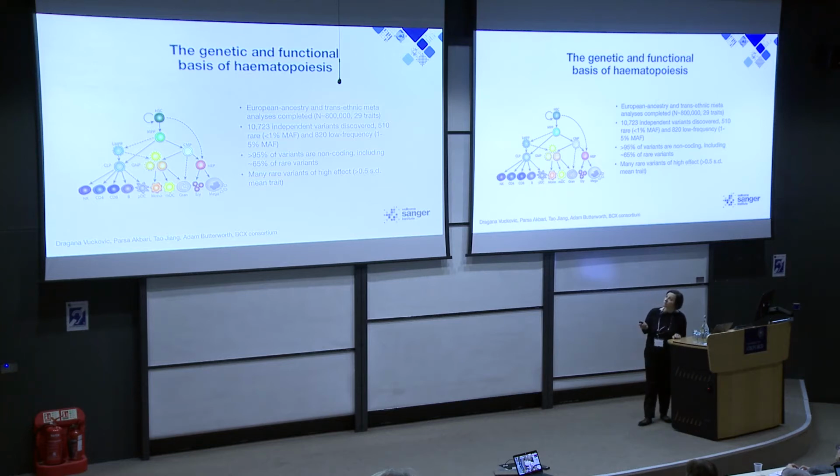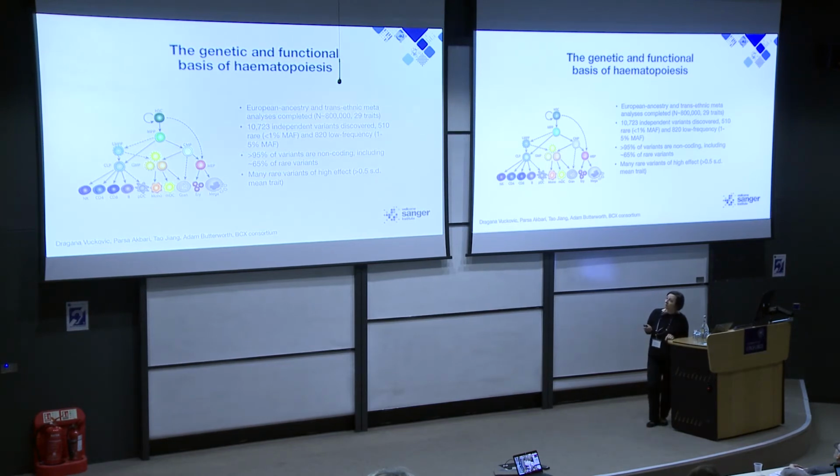There are over 10,000 independently associated variants that we discovered in this data set, including 500 rare variants below 1%, and indeed many below 1 in 10,000 in the population, and 820 that we call low-frequency variants. We begin to really understand and study the properties of rare variant associations.